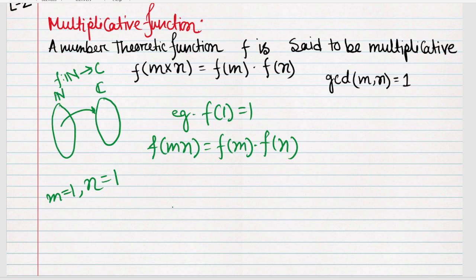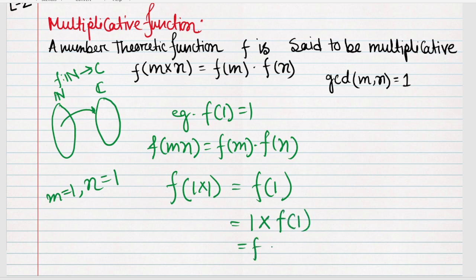Then what will be our f of mn? f of 1 cross 1 equals f of 1, which we can also write as 1 into f of 1. That is f of 1 cross f of 1, which is f of m into f of n, which is our multiplicative function. This is our defined multiplicative function.